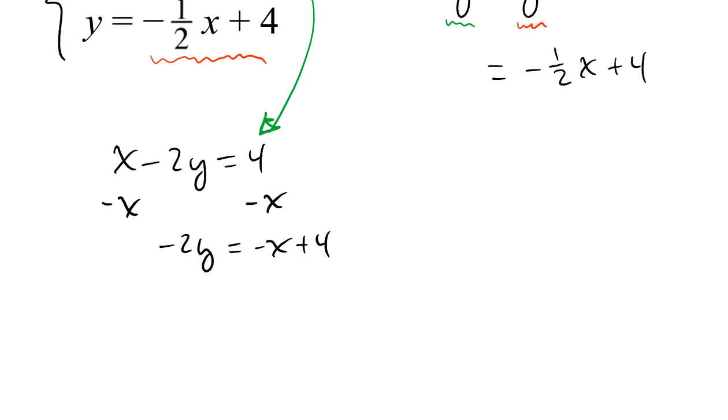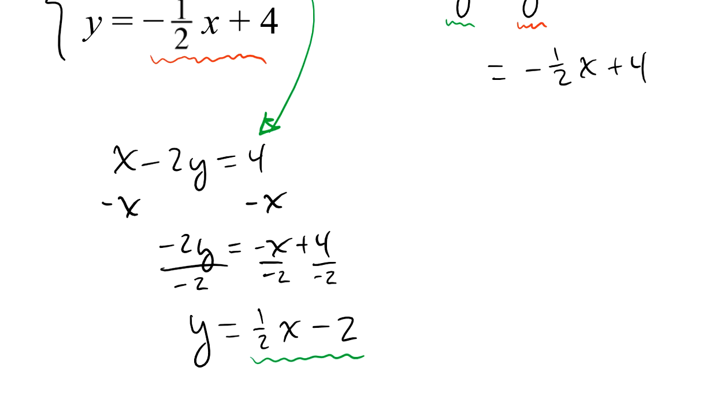And now I can divide both the left and right hand side by negative 2. I have to hit all the terms on the right hand side, so both of these are going to be divided by negative 2. Now when I do that, y is equal to a positive 1/2 x minus 2. So this is a version of the y from the first equation.